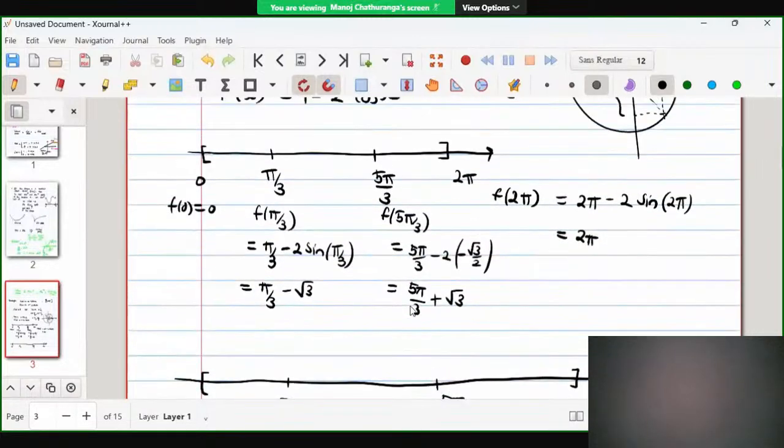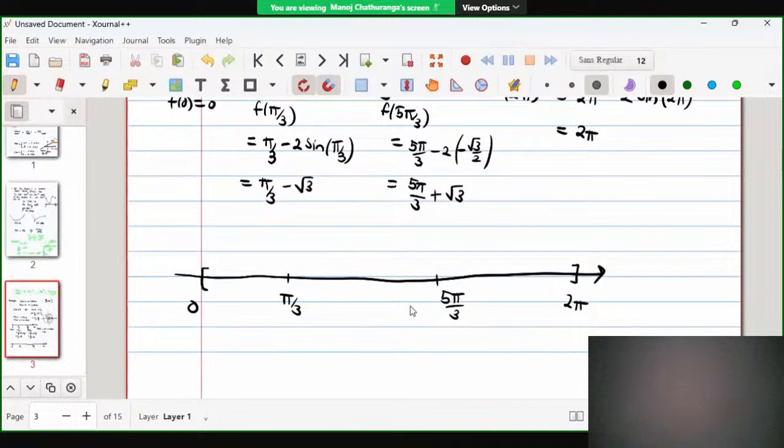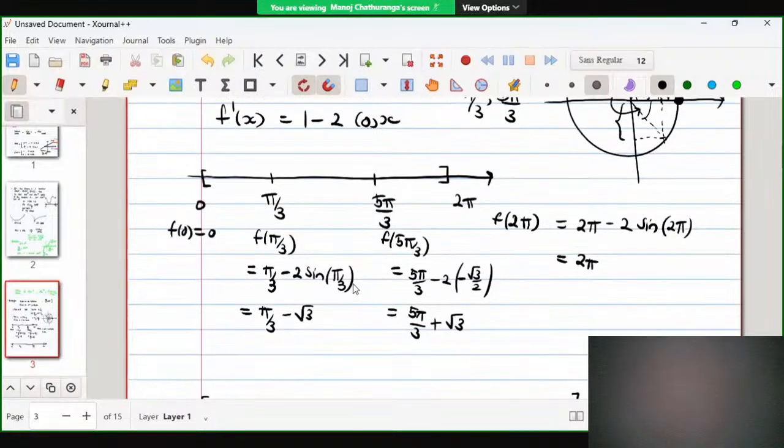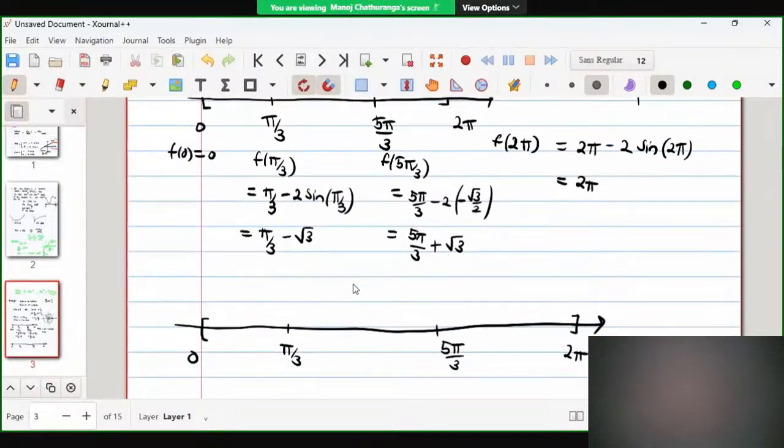So for that, I'll try to identify whether these points are minimums or maximums. Let me think about the derivative. When it comes to derivative, all that matters is the sign of the derivative, because sign of the derivative tells me whether the function is increasing or decreasing.